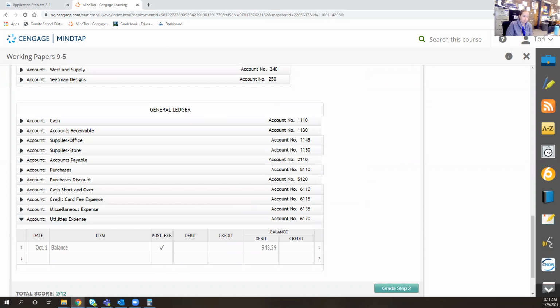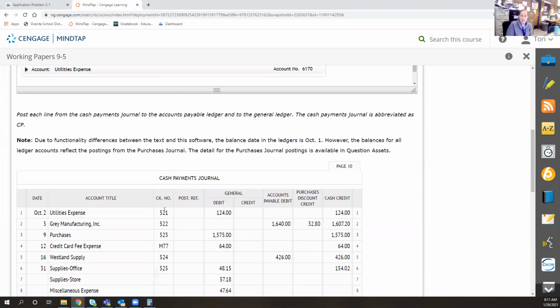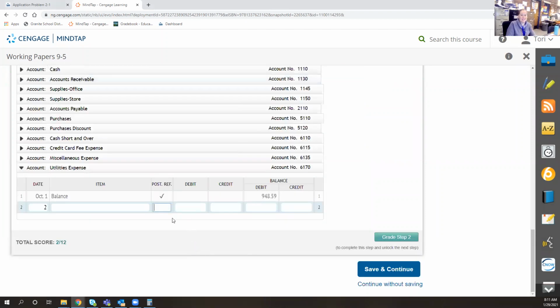And you're going to put in October 2nd. We're not going to put anything in for balance. Our post reference is going to be our cash payment journal, and we're going to put it as a CP, so cash payment journal.